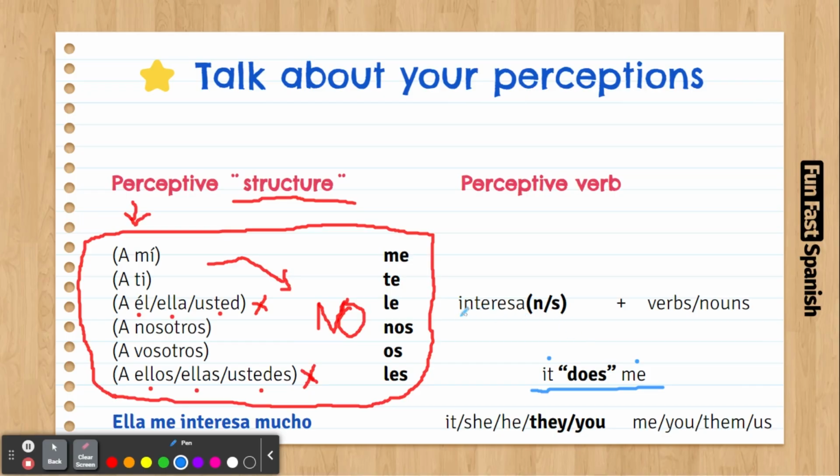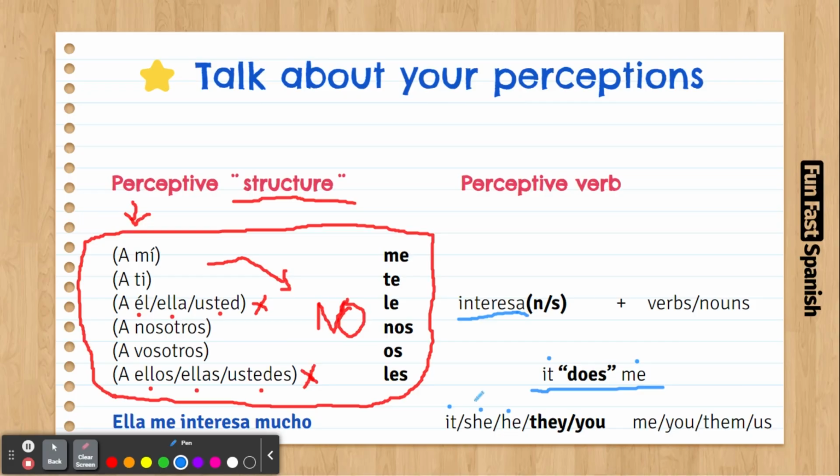So let's talk about the verb interesa. It's when you're interested in something. So a mí me interesa means that you're interested in a thing that is third person and singular. So it could be an it, a she, or a he. So la comida me interesa, ¿ya?